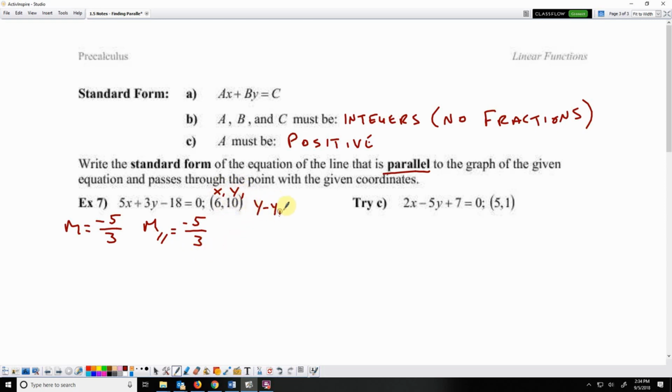Y minus y1 equals m times x minus x1. We're going to start there and end here in standard form. So we've got y minus 10 equals -5/3 times x minus 6.